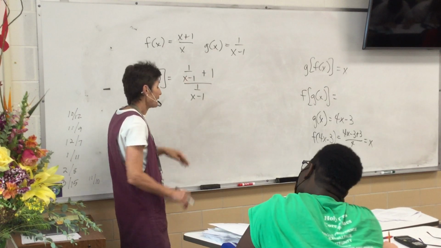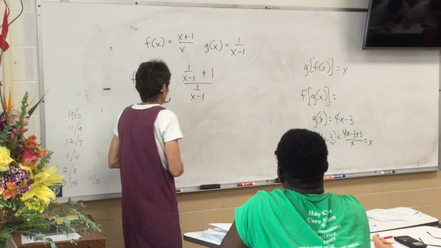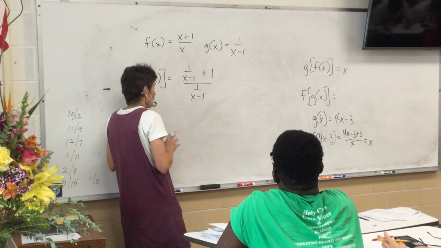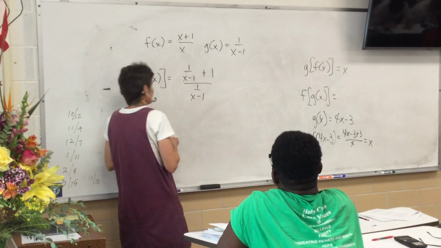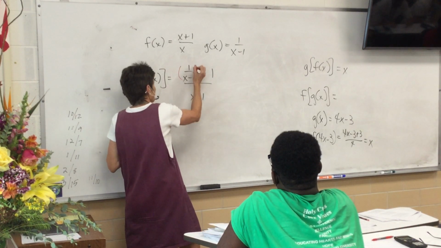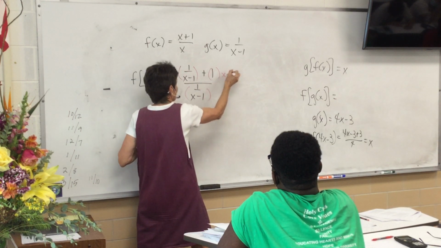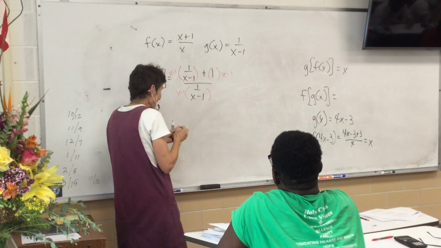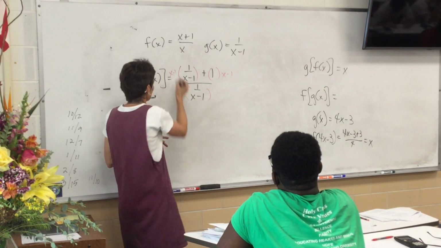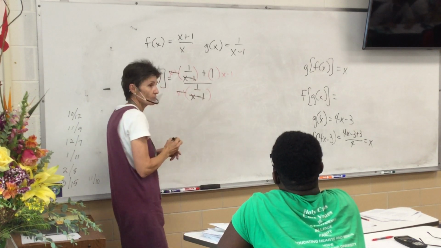Now, to clean that up, you can do it however you're comfortable. It doesn't matter. What I always do is I multiply everything by the common denominator, because that will remove these fractions, which are causing all the trouble.